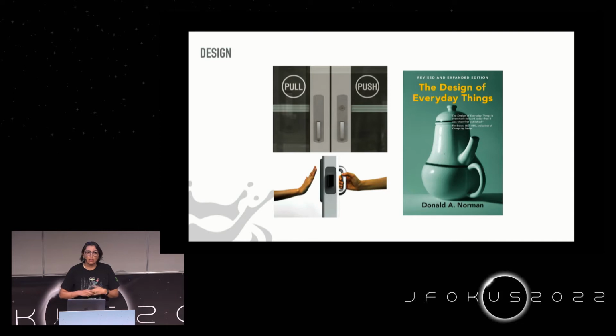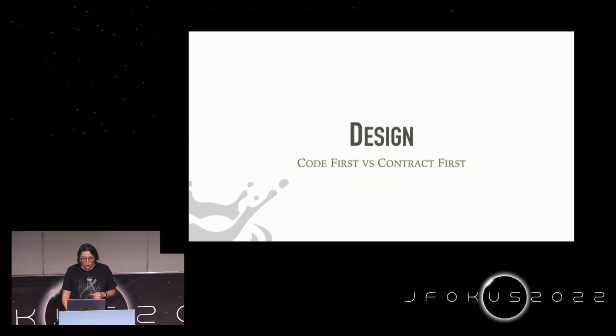If we want the user to push, maybe we should give the idea that the door is for pushing instead of putting a handle. A handle means you're going to grab it and open the door. So we're humans. Sometimes we don't make it right.